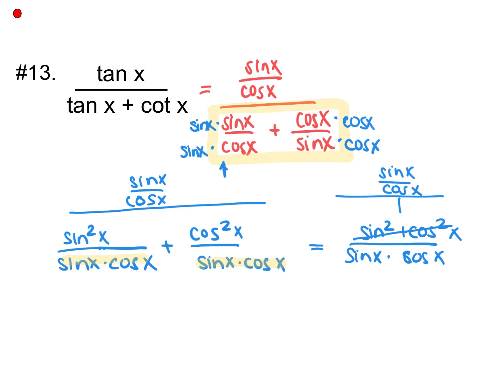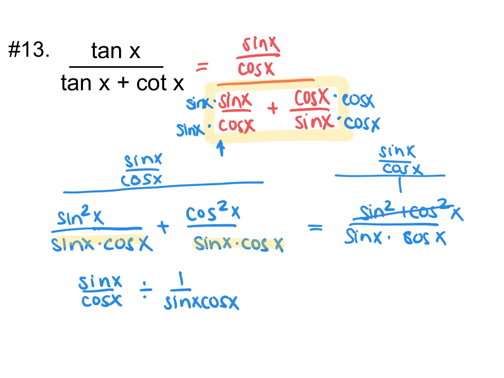But what I can do, instead of having this go up and down, is have it go across. And I can write this as sine of x divided by cosine of x divided by 1 over sine of x cosine of x. And the reason it's nice when I write it like that is because now I know when I'm dividing fractions, I can't just divide.